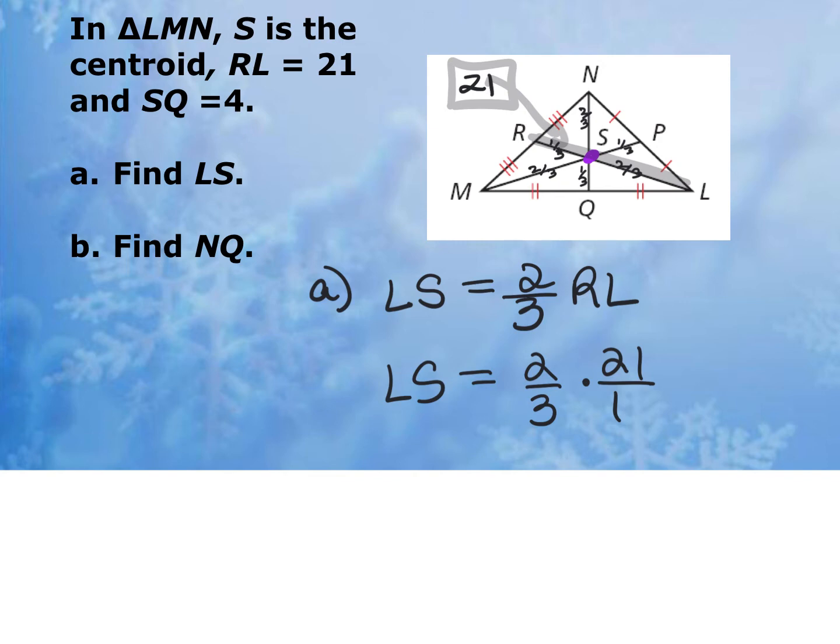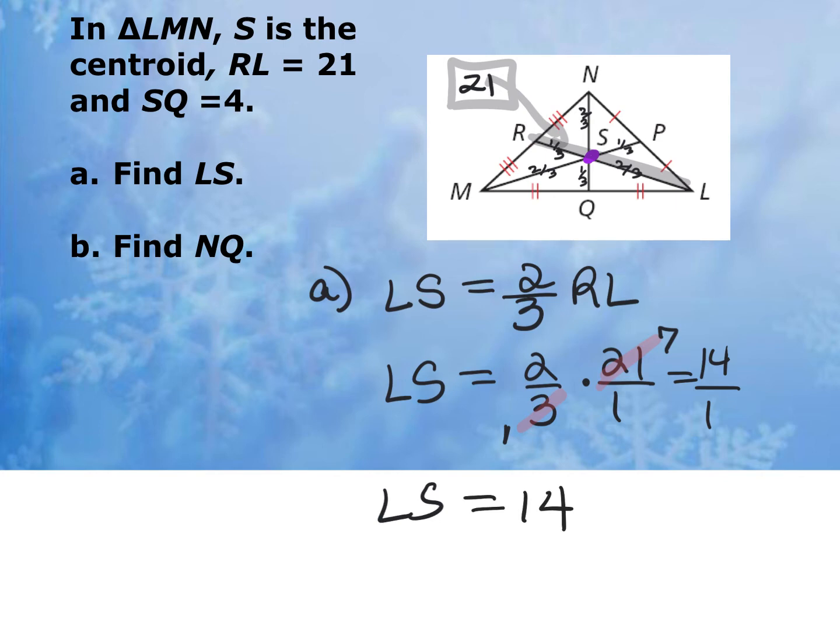This is a 4th grade skill where you learned how to multiply fractions. If you can simplify diagonally, it definitely helps the process here. So I'm going to change the 3 and the 21: I'm going to change this to a 1, and this to a 7. Now I'm just multiplying 7 times 2, I get 14, and 1 times 1, I get 1. So my answer for the length of LS is going to be 14.